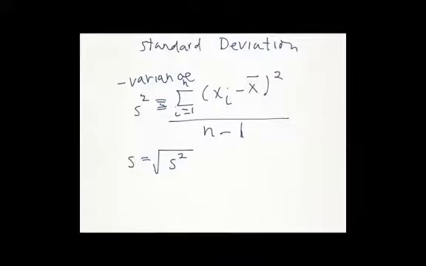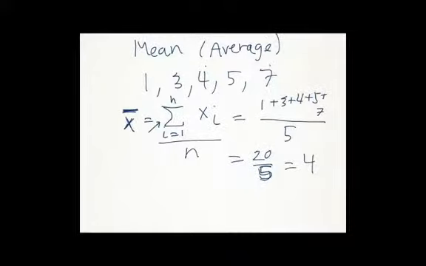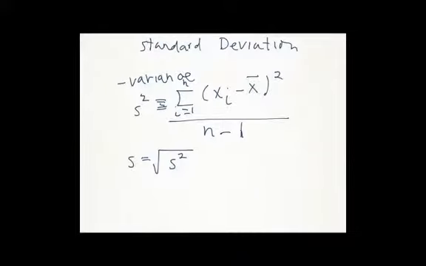Okay, so going back to our data set, we created the numbers 1, 3, 4, 5, and 7. Another way to measure central tendency, one way was the mean, and we came up with a mean of 4 before. Another way to get it is the median. So the median, which we can think of as the middle number or the 50th percentile.